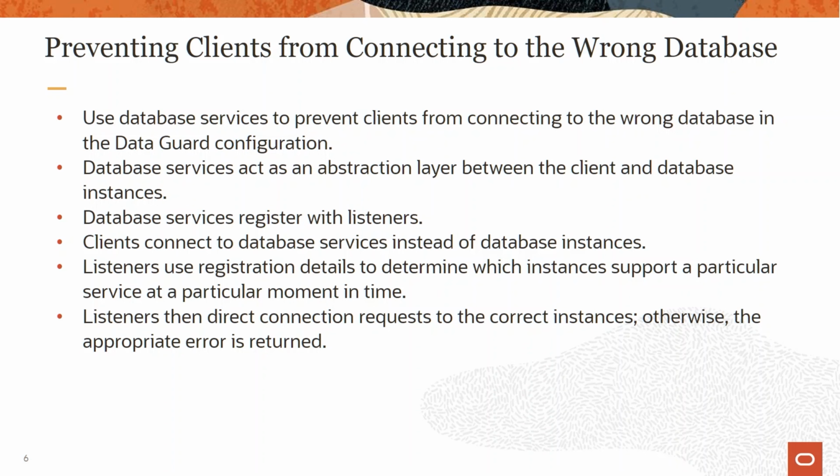Especially role-based service will be perfect. In the standalone environment, you can simulate a role-based service by using the event-based trigger or after startup trigger. So we can use a trigger to start service based on the new database role.